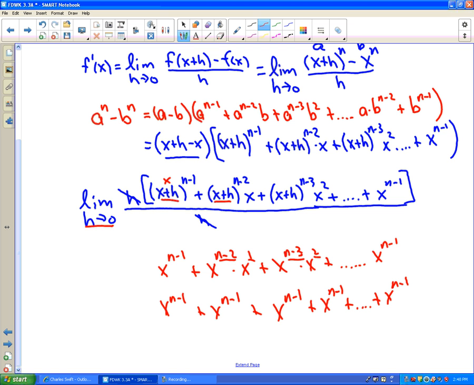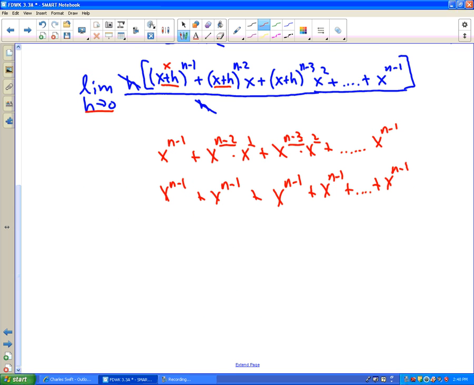So I'm repeatedly adding x to the n minus 1. If I were to go through and count them, turns out that I'm going to have n times. And so instead of adding x to the n minus 1 to itself n times, a quicker way of stating that is to write it as n times x to the n minus 1.